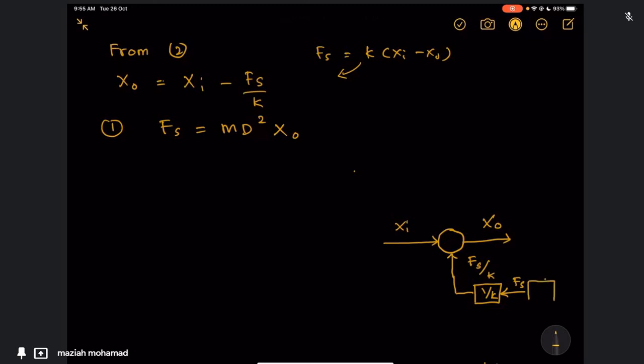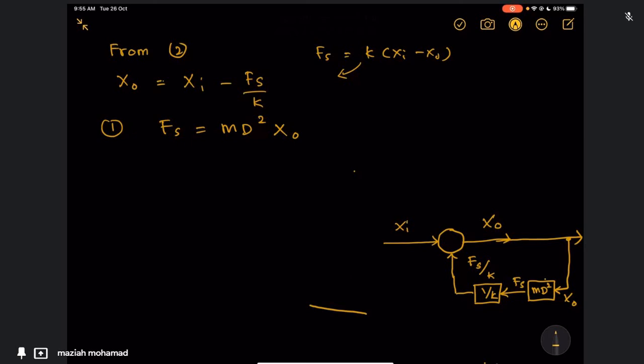So it will be md square, and the input is x naught here. Okay, so this is x naught. Right. So basically that will be the block diagram.